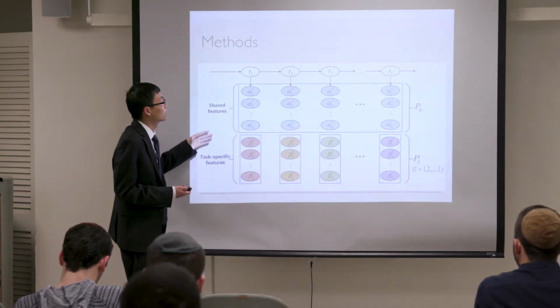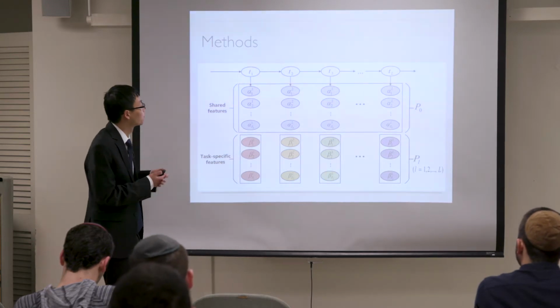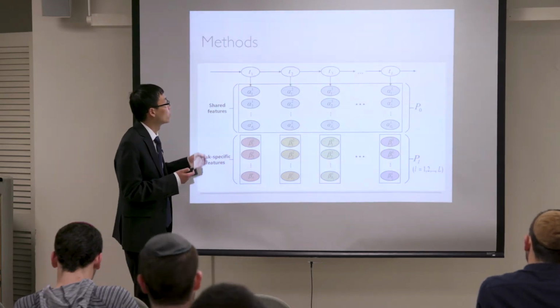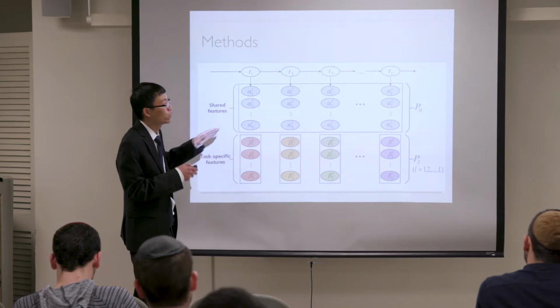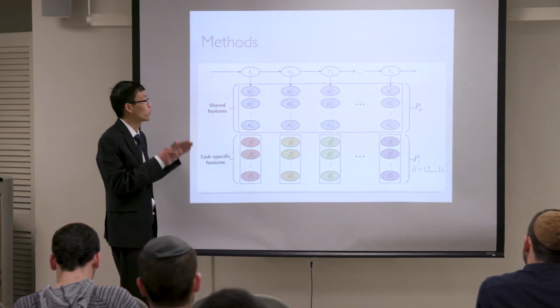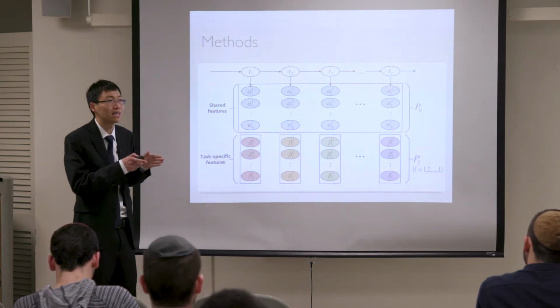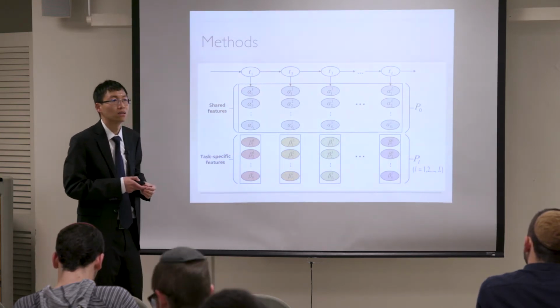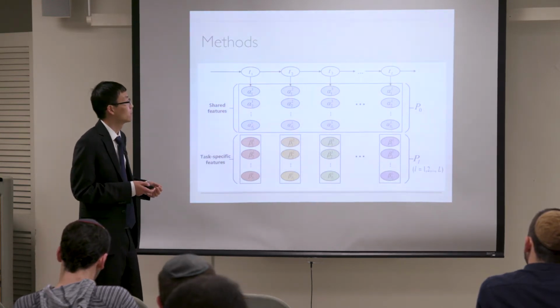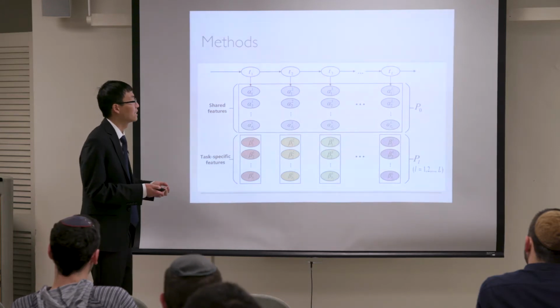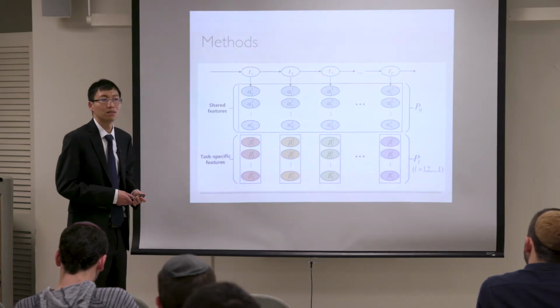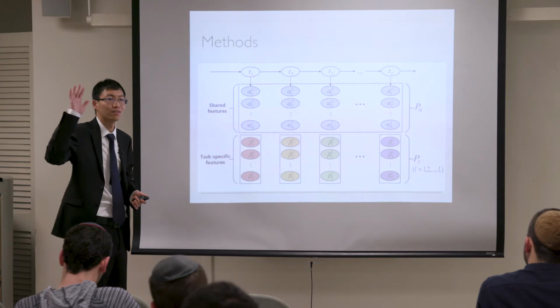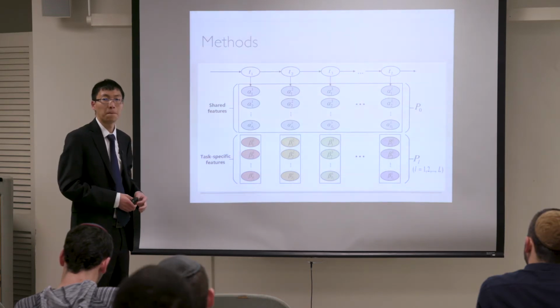And for the shared features, we use the group lasso penalty. The good thing is that we only say this feature is important, but we do not require that the coefficients should be exactly the same for every task. So yeah, that's the idea. So any question?